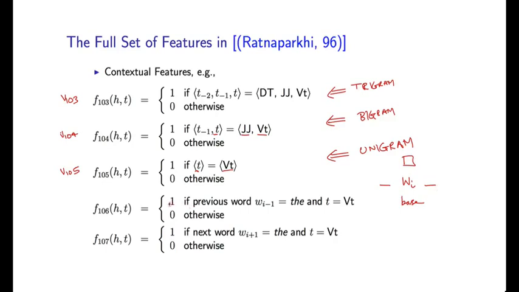Here's one feature, which is 1 if the previous word wi minus 1 equals there, and the tag equals vt. Or we might have a feature looking at the next word, the fact that wi plus 1 equals there, and t equals vt. So you can see that the flexibility of log linear models allows us to define all kinds of features which look at the current tag being proposed as well as features of the context, whether those features are the previous 2 tags in the context or the surrounding words.